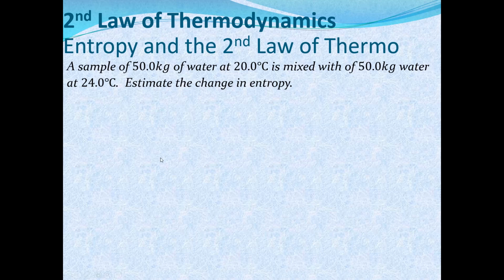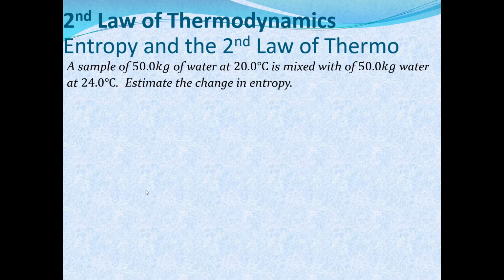All right, now we have two samples of water being mixed together. We can do the calorimetry math to figure out the final temperature, but realistically, we could just look at it and know where it's going to end up. Both samples are equal mass, and they're both water, so it's going to come together at the middle of the two temperatures.